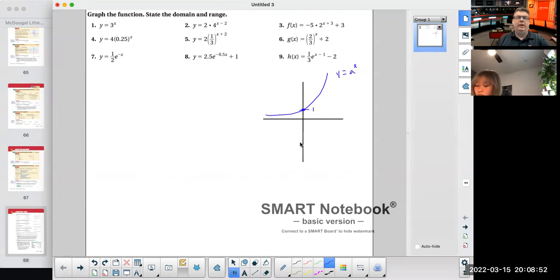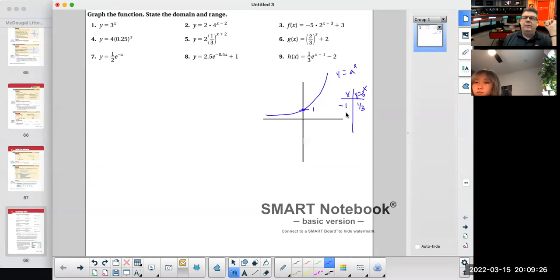2 times 4 to the x minus 2 would sort of look like this. If you ever get messed up, you can always make a table. So let's just make a table for 3 to the x. So x and then y equals 3 to the x, right? Let's do x equals -1. 3 to the negative 1 is just 1 over 3, isn't it?